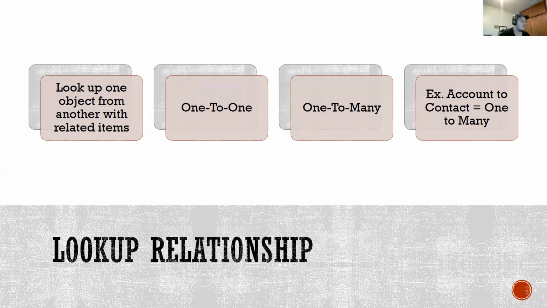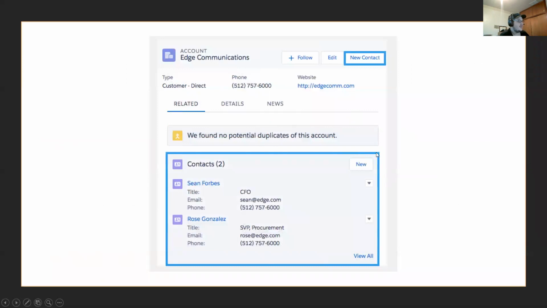You just look up one object from another with the related items from the related tab. There are a couple of different ways lookup relationships can work. You can have a one-to-one relationship or one-to-many relationships, like account to contact is a one-to-many relationship. There can be many contacts associated with an account, as we saw back here on the screen.